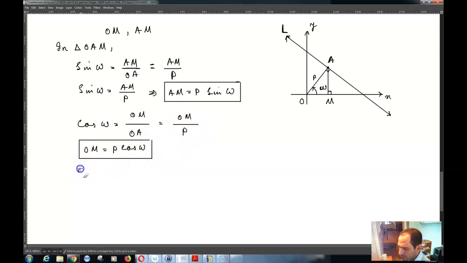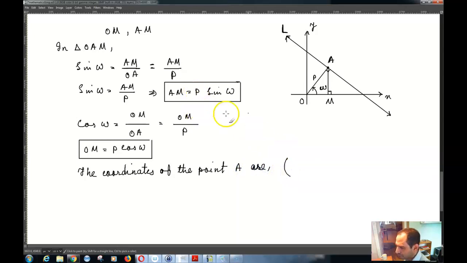So the coordinates of the point A are, the distance of the point from the y-axis, which is the x coordinate, is OM, comma AM.